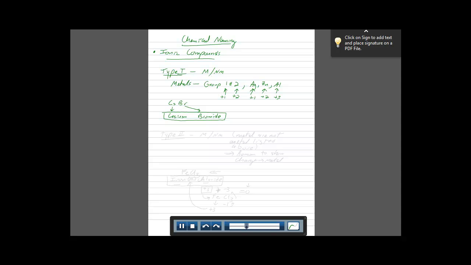Now, the second type of ionic compounds to name, we call those type 2, are ones which involve metals and non-metals. But the thing that's special about these is that the metals are not the metals listed above.